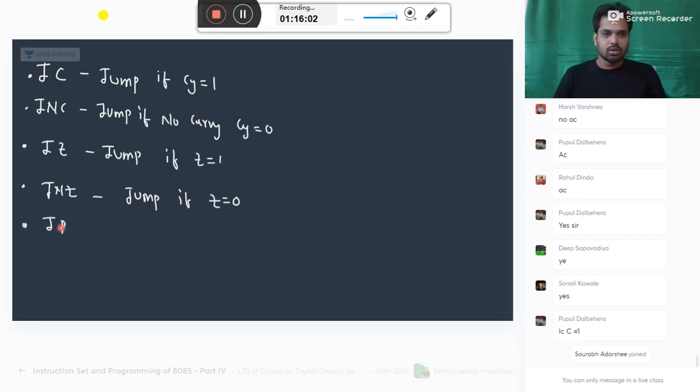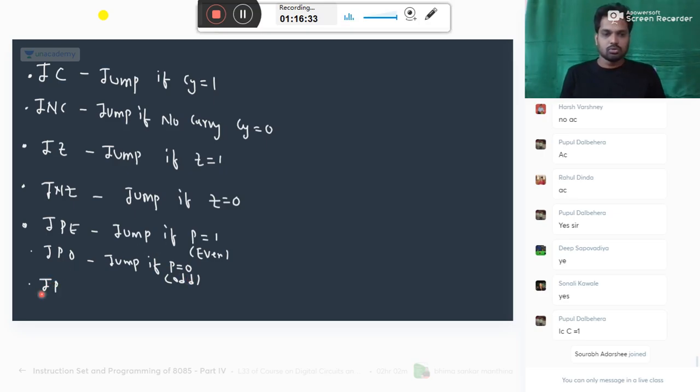Jump parity even, that is jump if parity equal to 1. You can remember it like that: JPE. Whenever you see JPE, jump if parity even. JPO is jump if parity equal to 0, that is odd.